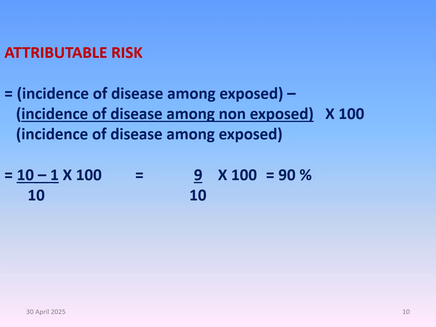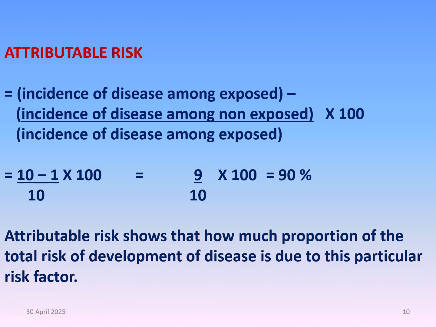Incidence of disease among non-exposed group is 1 per 1,000. So the formula is 10 minus 1 divided by 10 multiplied by 100. So equal to 9 divided by 10 multiplied by 100. So it is 90%. So we can say that 90% of occurrence of lung cancer can be attributed to cigarette smoking.